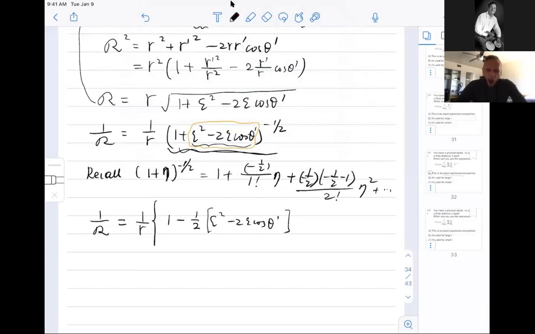All right, and the third term is going to be 3/8. Calculate this, it turned out to be 3 over 8. And the small quantity is squared, right? So the third term is going to be this squared. And there are higher order terms, but I'm not going to write them anymore.